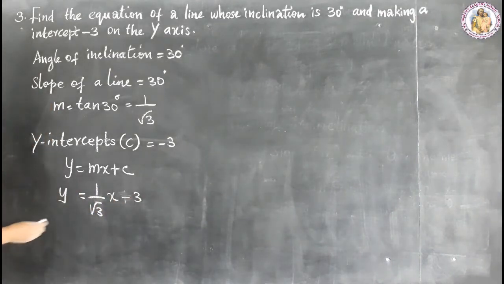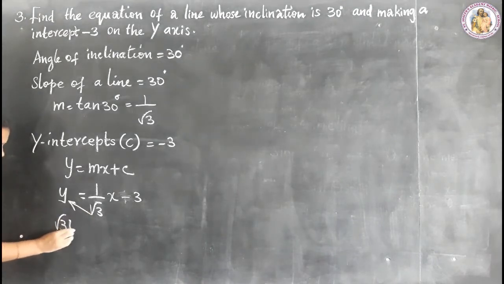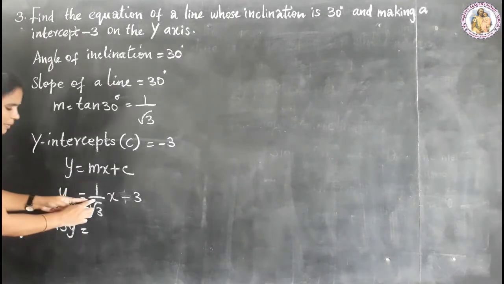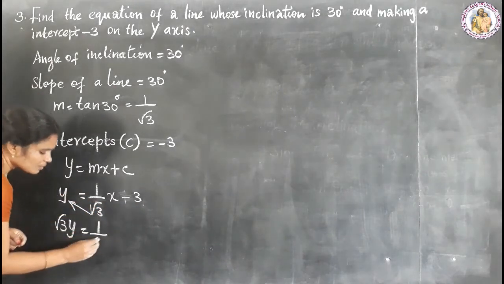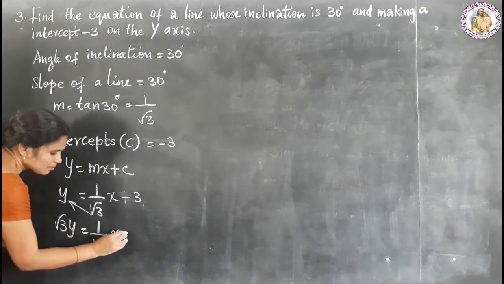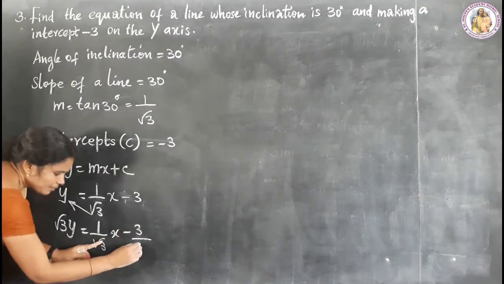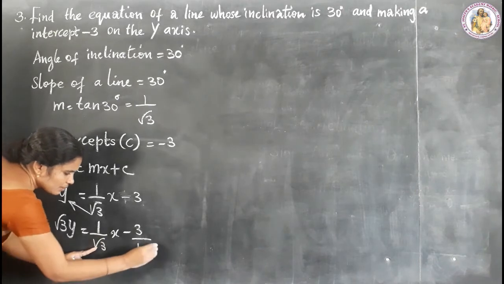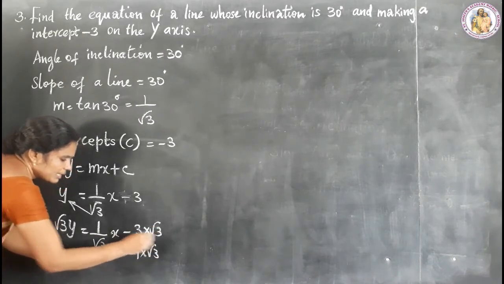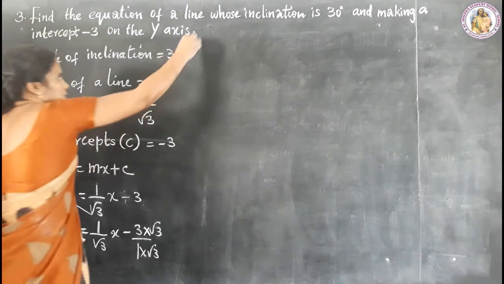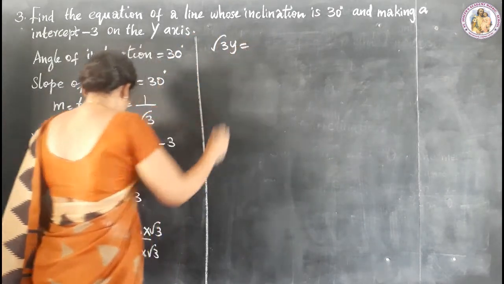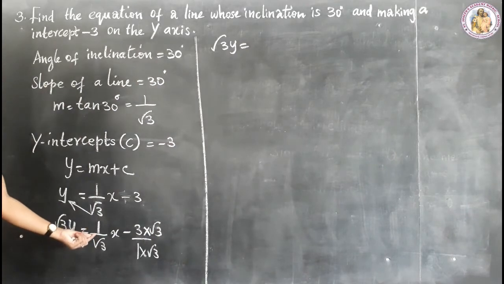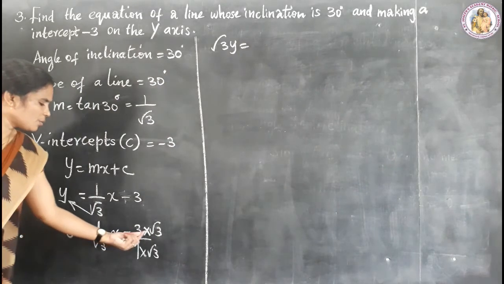Okay, now multiply by root 3, so root 3y is equal to 1 by root 3 x minus 3 root 3.